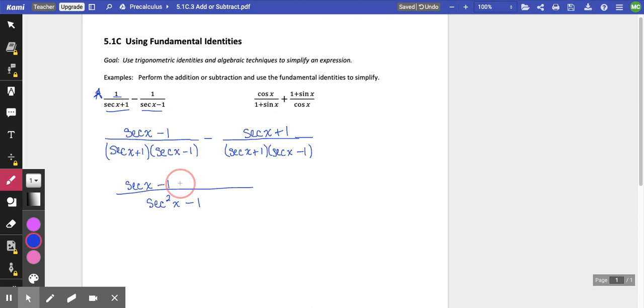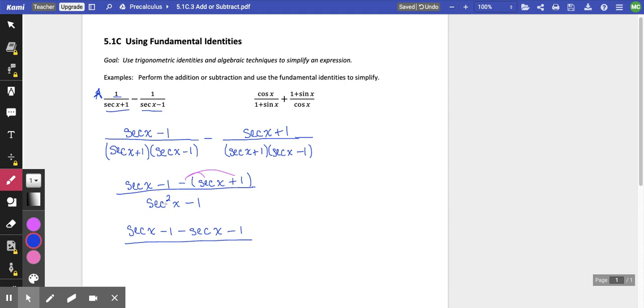So the first one's going to stay the same. The second one, though, I need to put it in parentheses, so that minus will affect both pieces of that second numerator. Before I go any further, I would need to distribute that negative. So that would give me secant of x minus 1 minus secant of x minus 1.